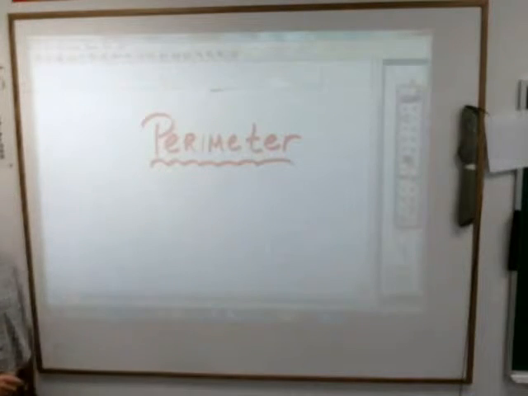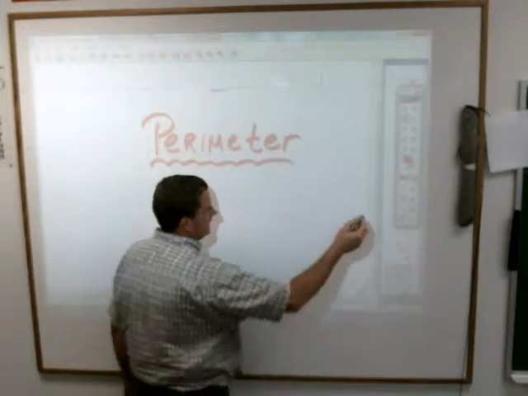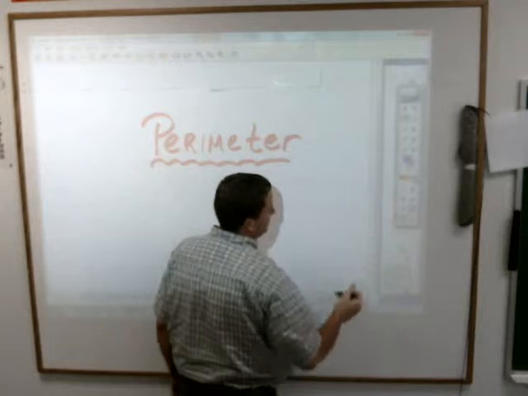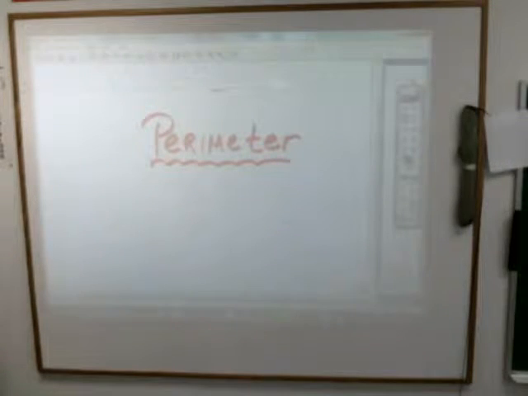Not to be confused with Perry Mason or William Perry or Perry Pete. The word perimeter means what, Lutz? It's the whole entire measurement. Well, if I asked you to walk around the perimeter of the building, any idea what that would mean?